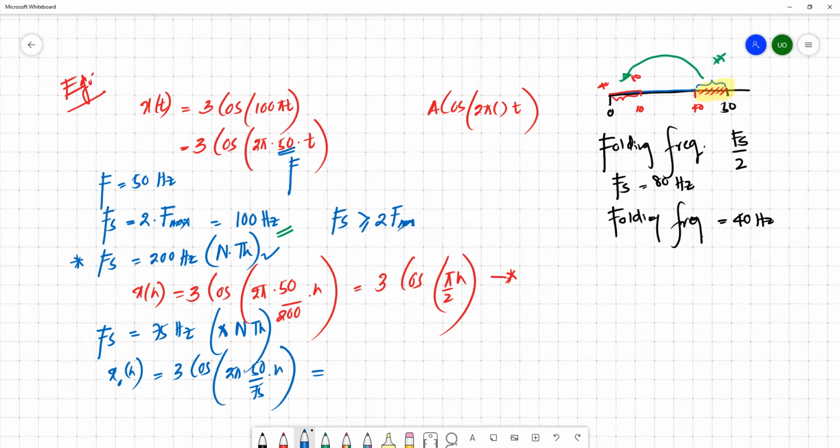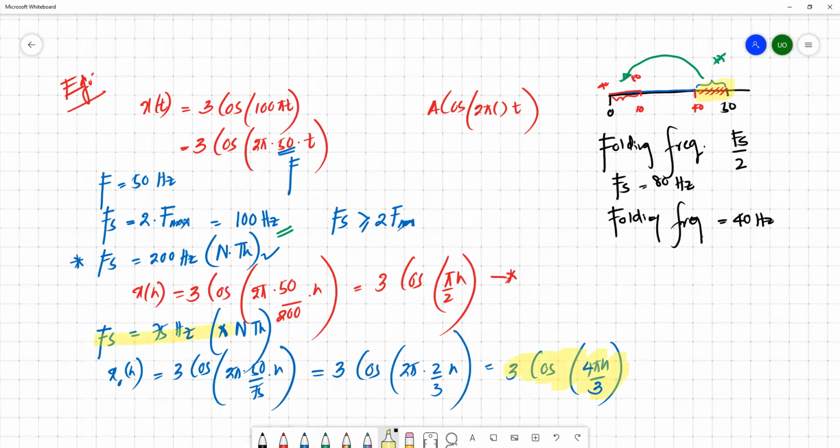If you simplify it, it becomes 3 cos 2 pi 2 over 3 n, which is 3 cos 4 pi n over 3. This is the signal you get after discretizing x(t) equals 3 cos 100 pi t at a rate of 75.